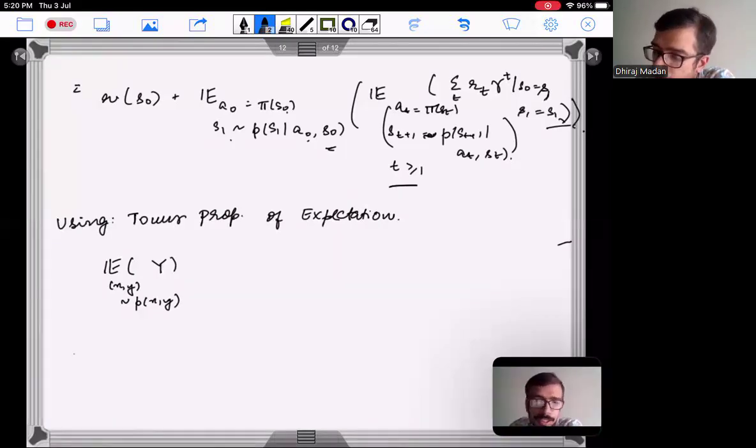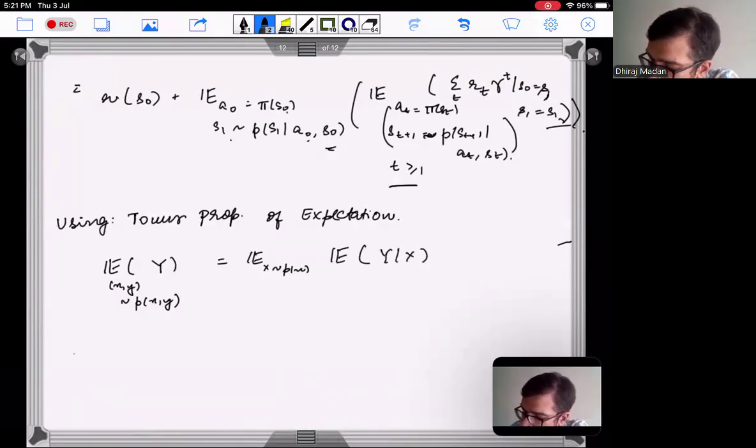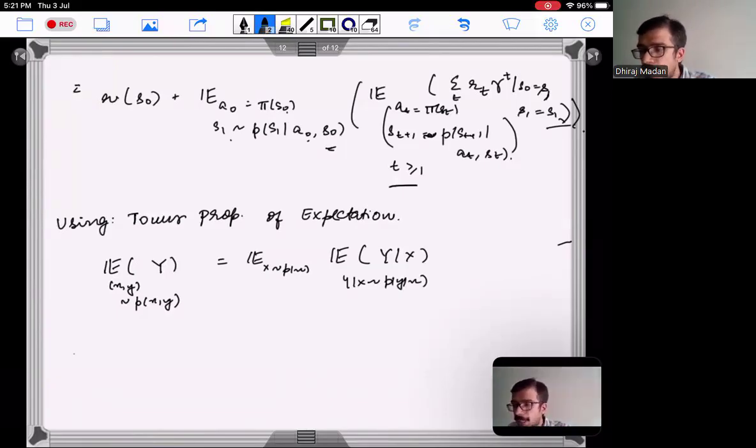But there is also another way, which is that you average over all x the conditional distribution of y given x, where y given x comes from p of y given x. This property is known as the towering property of expectation.